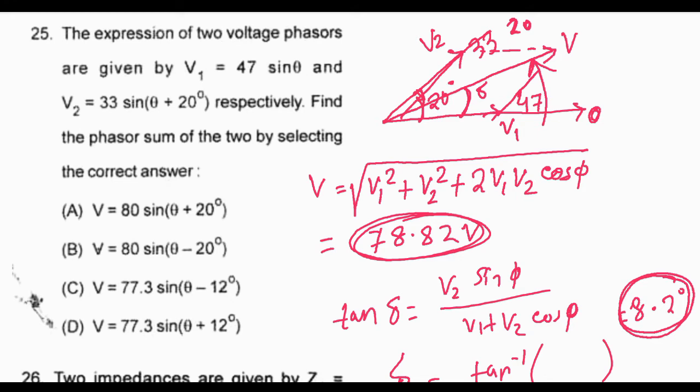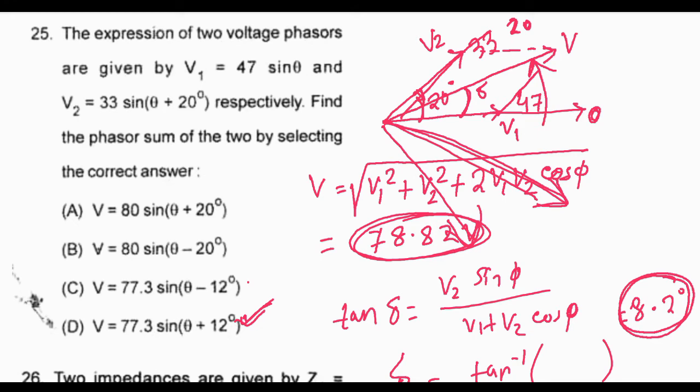So what is the value? The value is option D, that is plus 12, because it cannot be minus 12. Minus 12 means it is here, and the answer will never be here. And minus 20 is here, and this is also not possible.